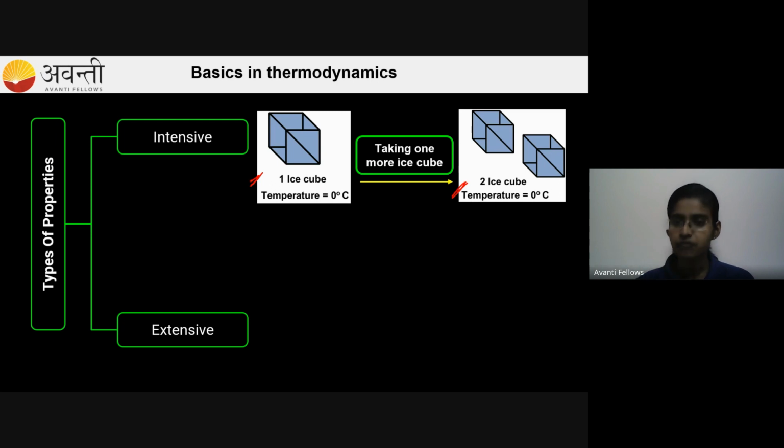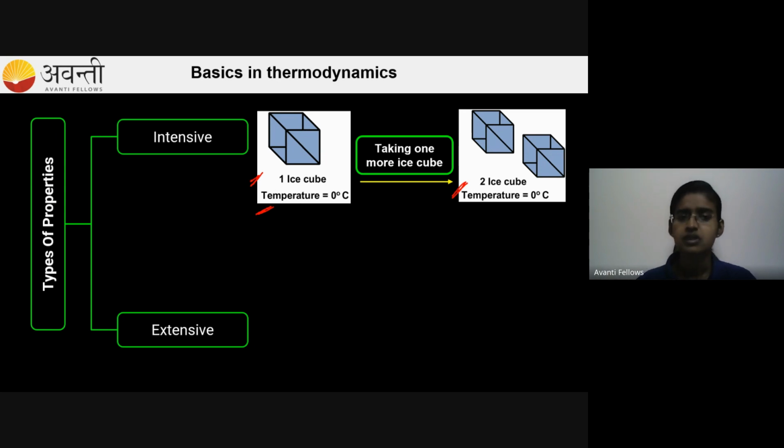So even after changing the quantity of the substance, if a property remains the same, then that property is called an intensive property. So temperature is an intensive property. Pressure is also an intensive property.